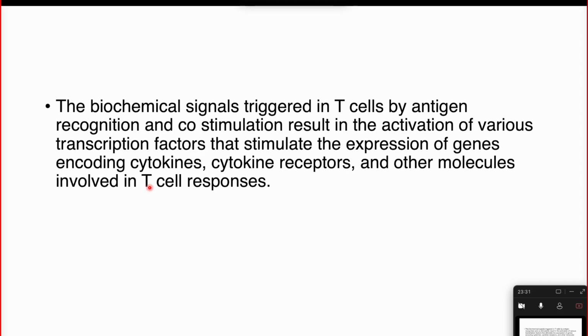The biochemical signals triggered in T cells by antigen recognition and co-stimulation result in the activation of various transcription factors that stimulate the expression of genes encoding cytokines, cytokine receptors, and other molecules involved in T cell responses.